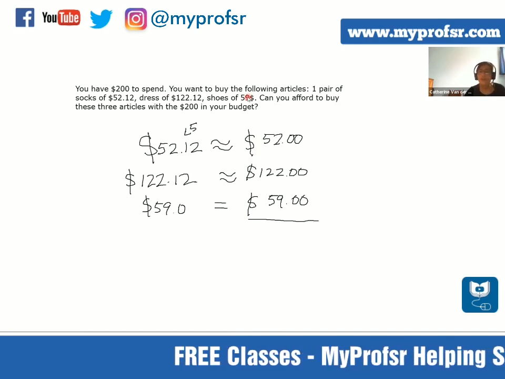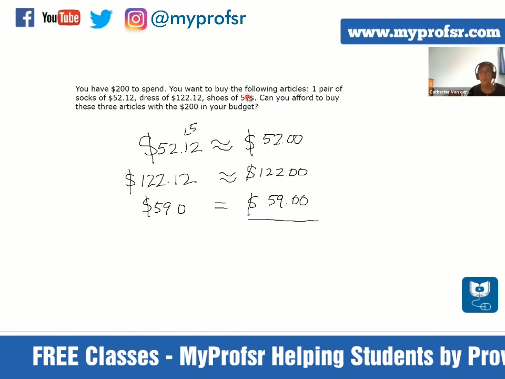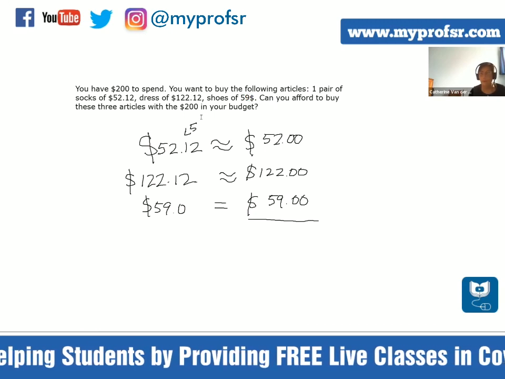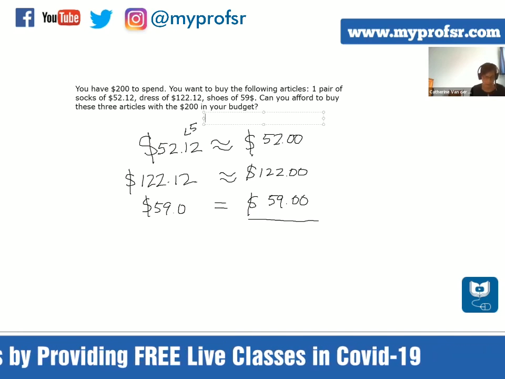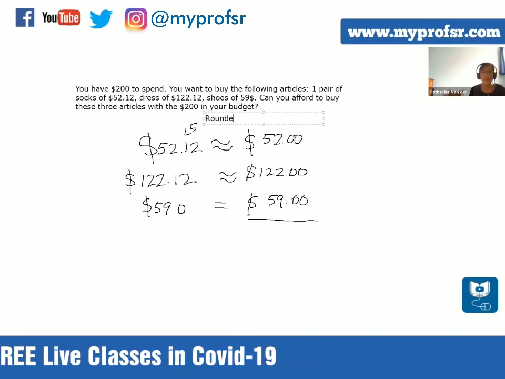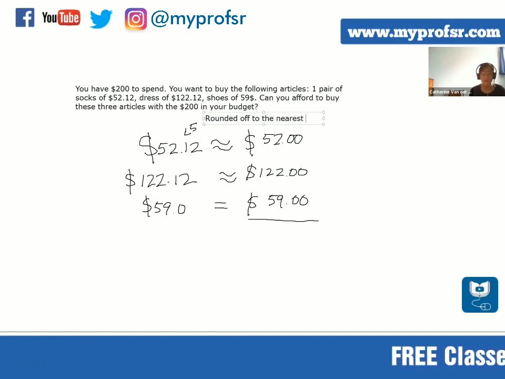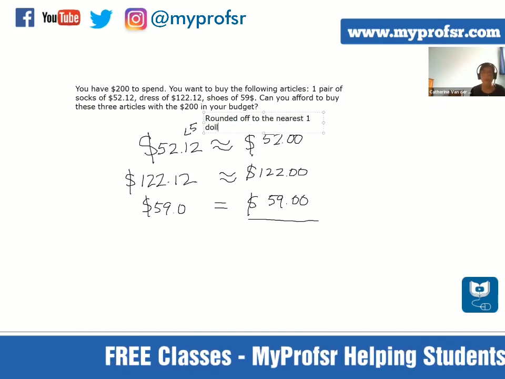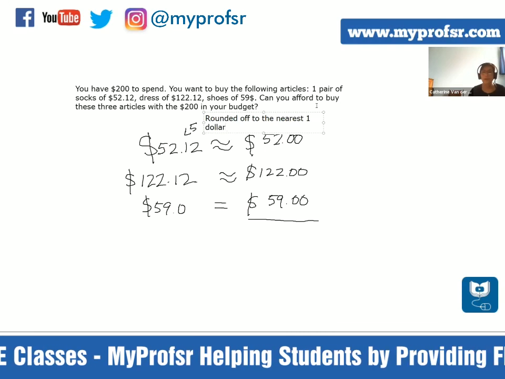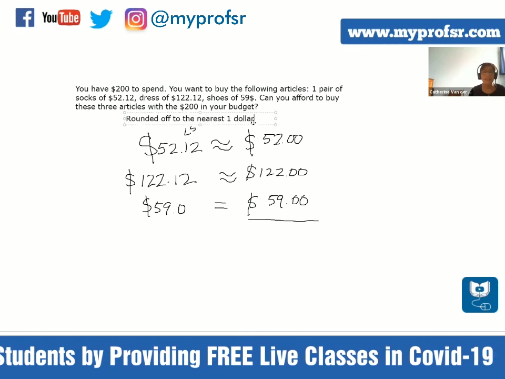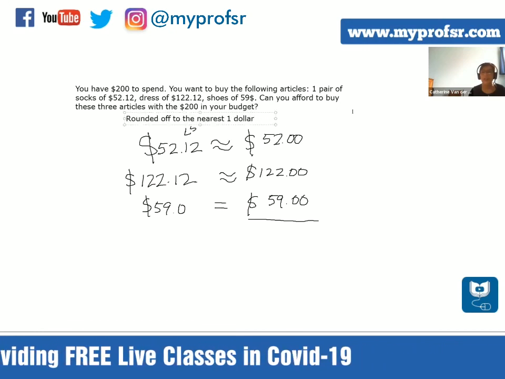So this was rounded off to the nearest $1. And what we're going to do now is to round off to the nearest $10 and see whether that is going to help.